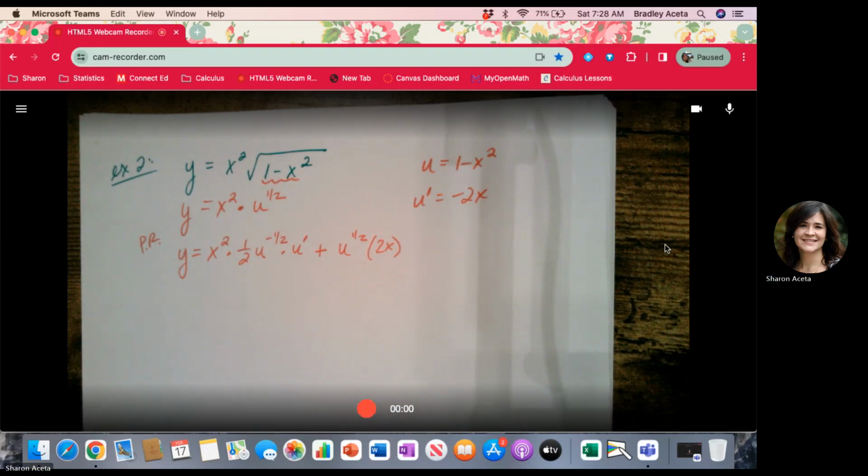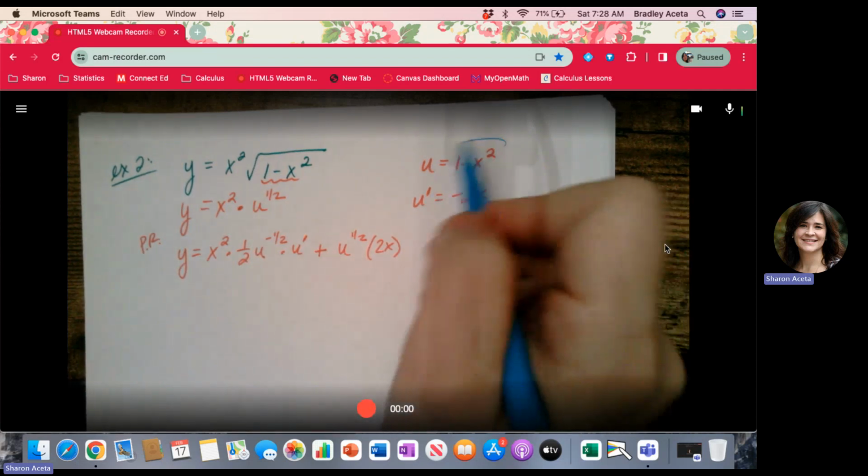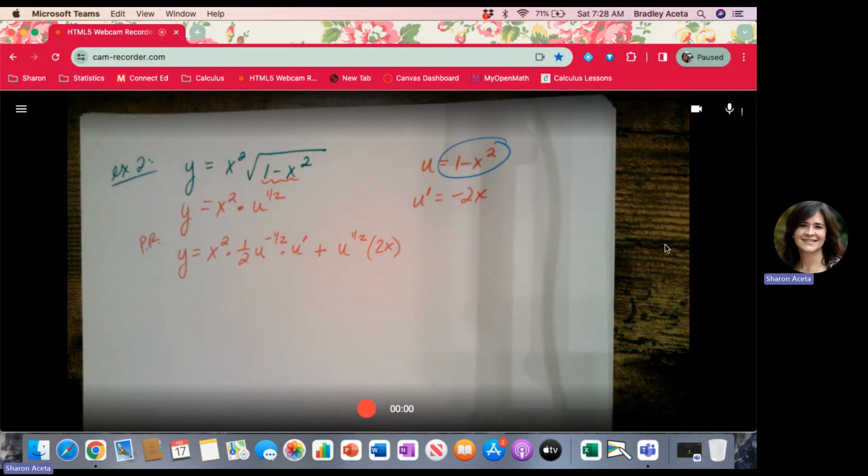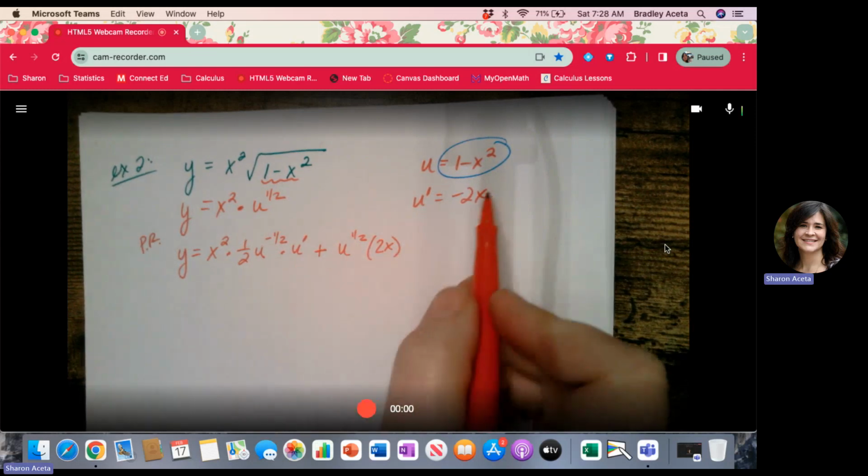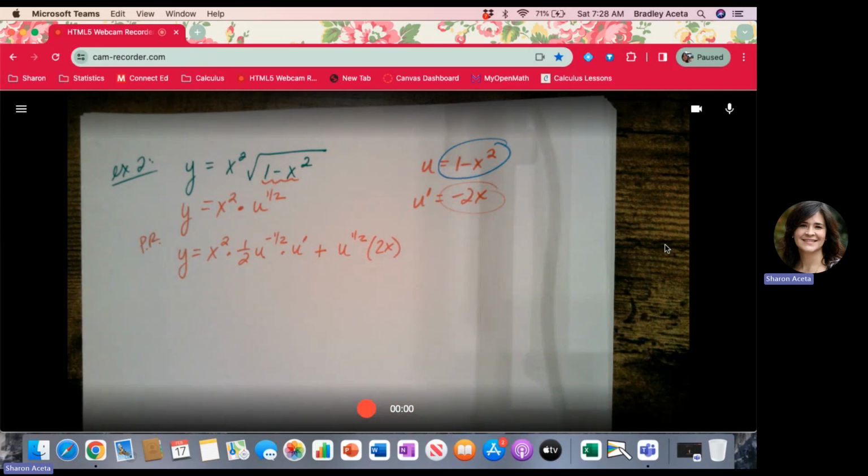Okay, now everywhere you see a u, you're going to replace it with 1 minus x squared. And everywhere you see u prime, you're going to put negative 2x. So let's try to clean this up a little bit.